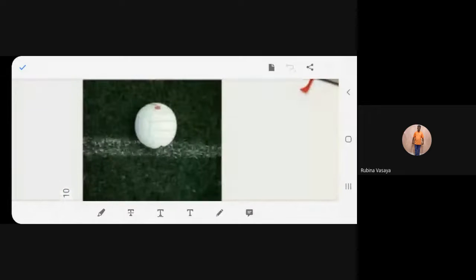Can you see the force? Tell me, what is the force applied over here? Which force can I see here?